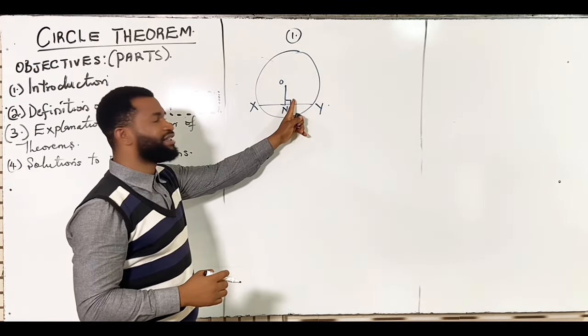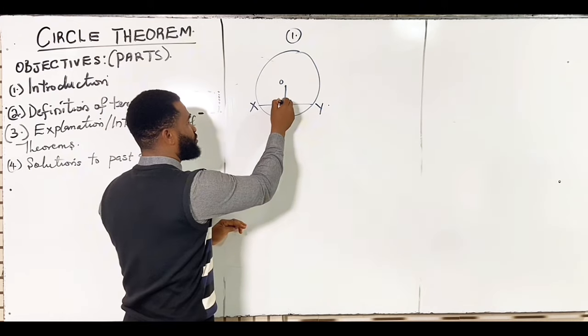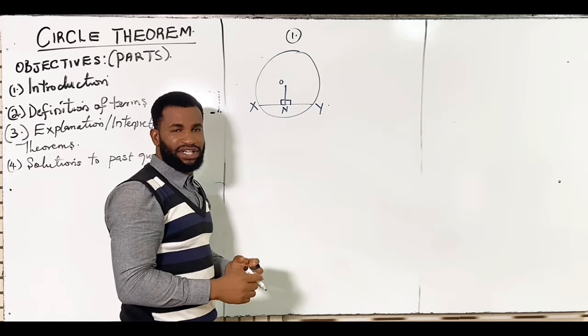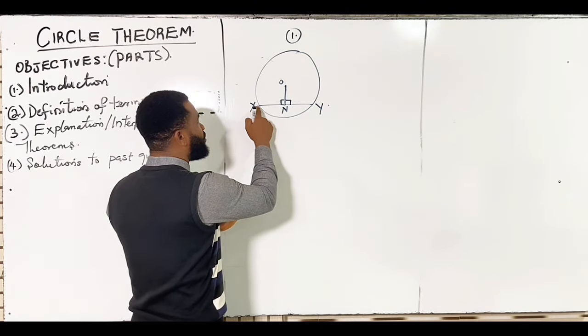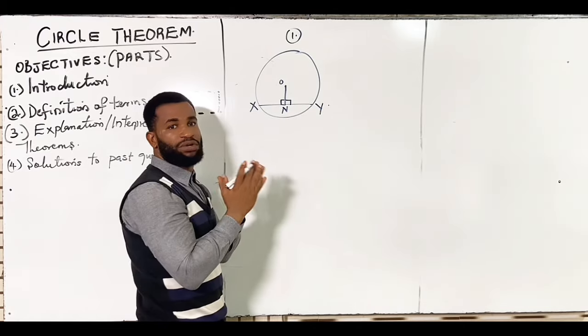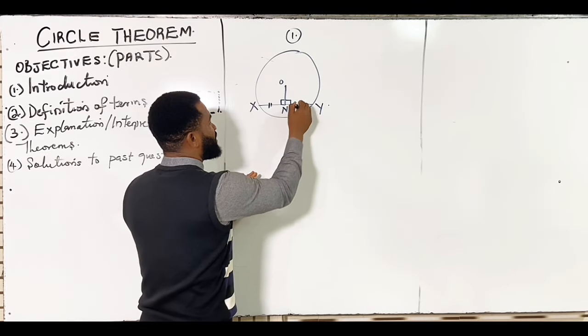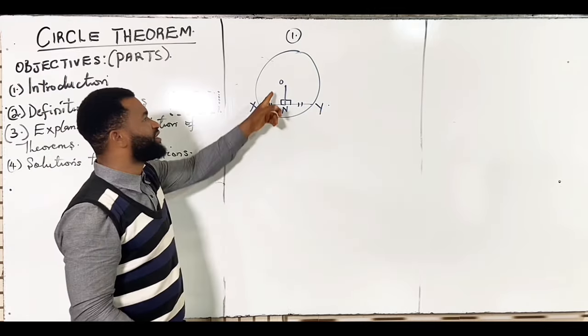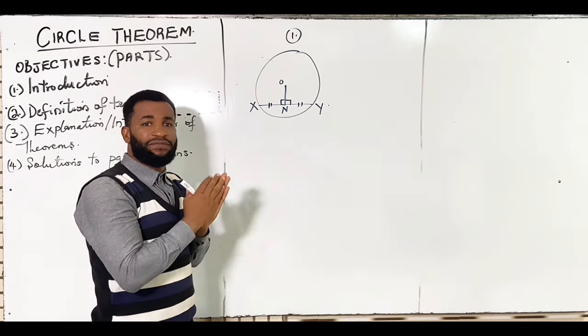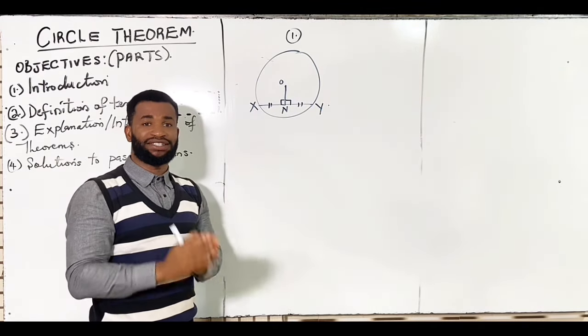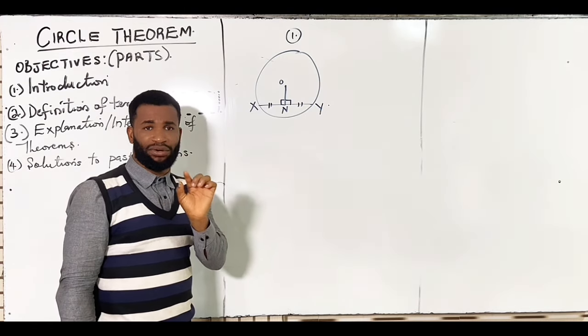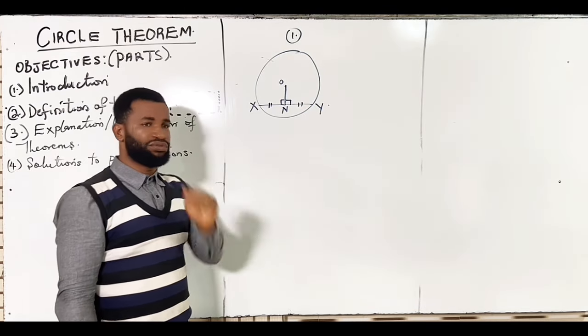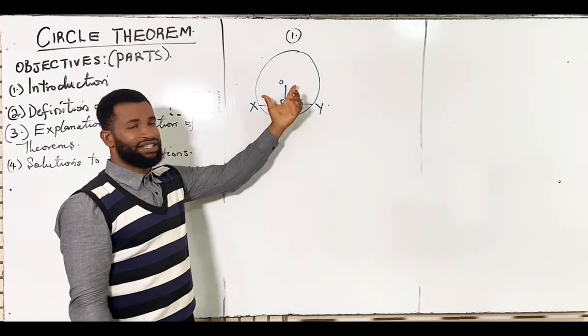Of course, if this side is 90 degrees, this side must also be 90 degrees. Then what else? It divides this chord XY into two equal parts, so I'm going to put these two signs. So that is the law. The law says that a line from the center of the circle divides the chord into two equal parts and meets the chord at angle 90 degrees. These are the two things that it does.